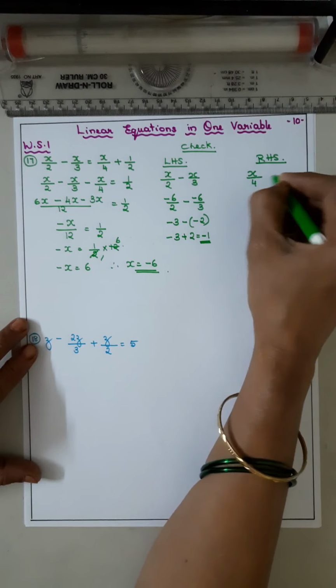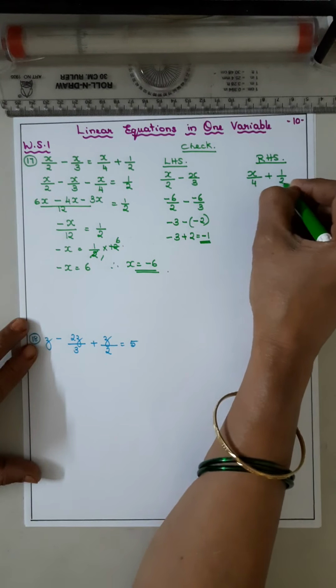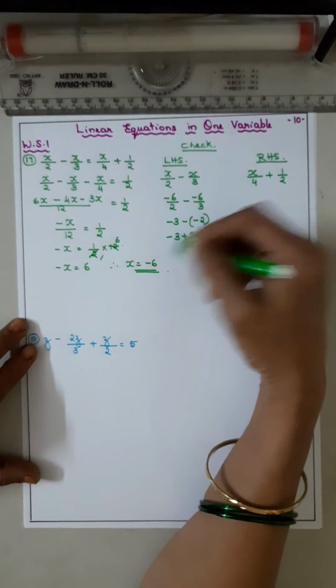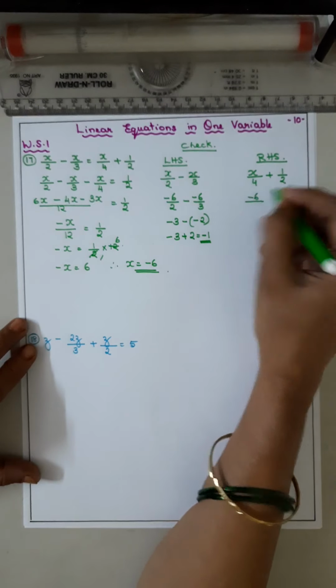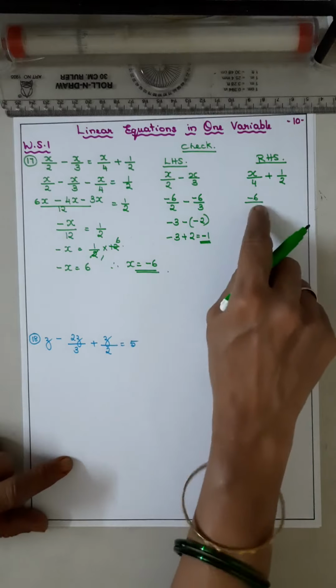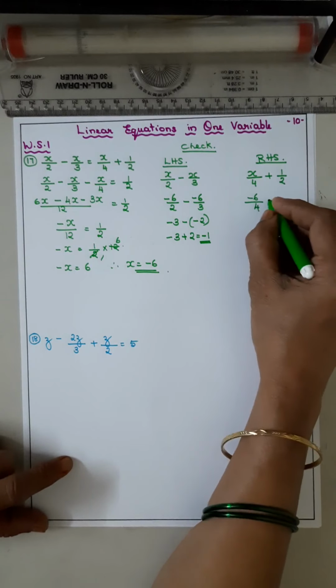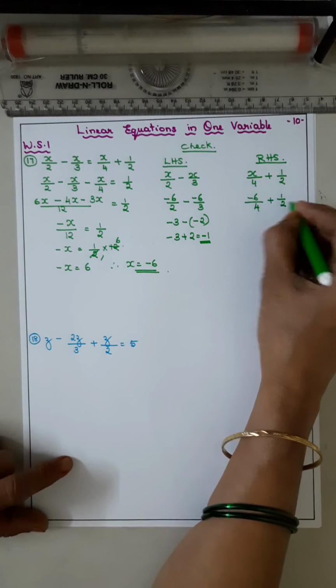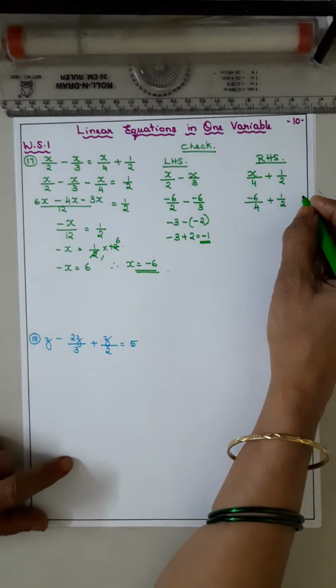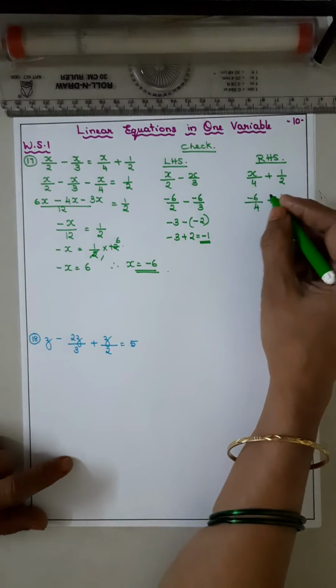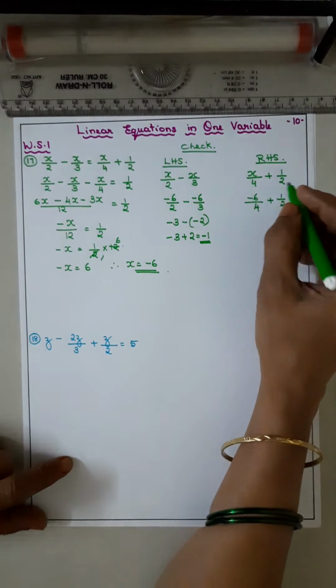Now coming to RHS. x by 4 plus 1 by 2. Now x, how much is it? Minus 6. Isn't it? Minus 6 by 4 plus 1 by 2. Okay, now there is cutting, isn't it?